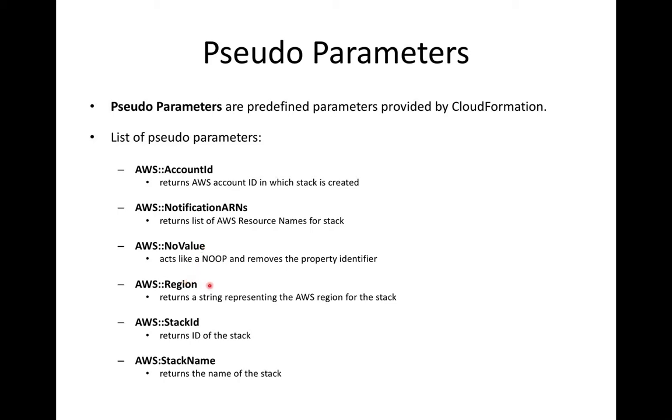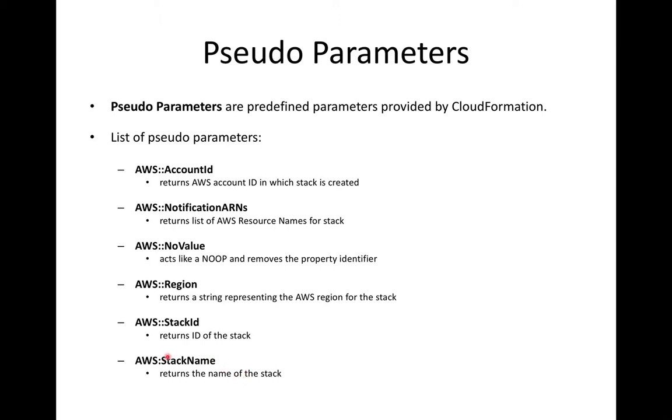AWS::Region returns a string which represents the AWS region in which the CloudFormation stack was launched. This is really commonly used, and we would use this pseudo parameter anytime we want to ensure that our template can be used across multiple regions. AWS::StackId returns the ID of the CloudFormation stack, and StackName returns the name of the stack.